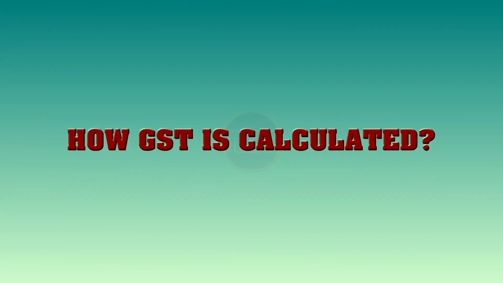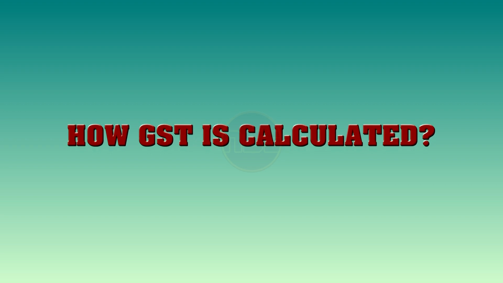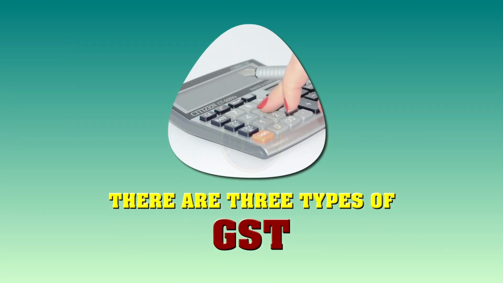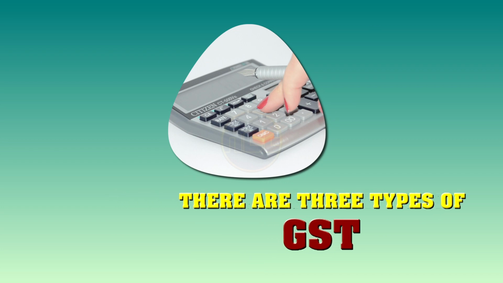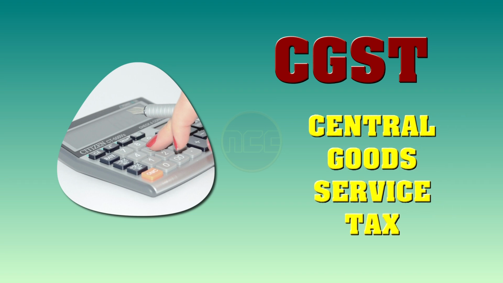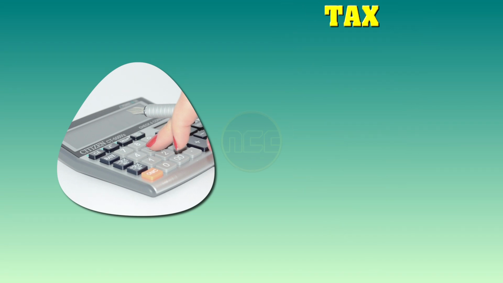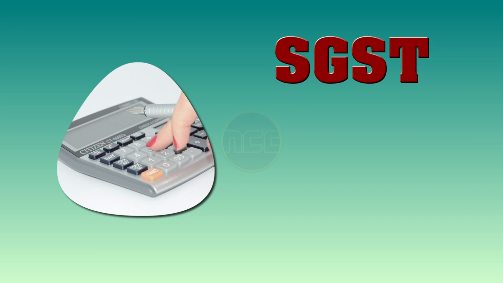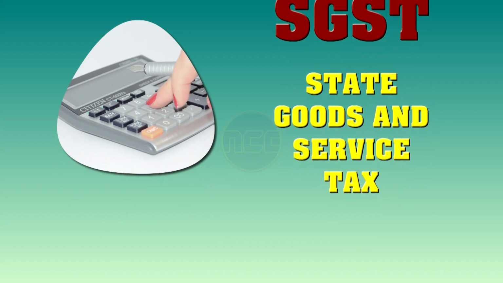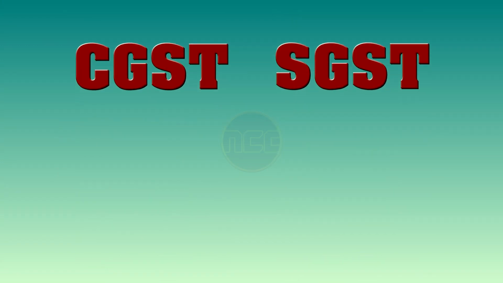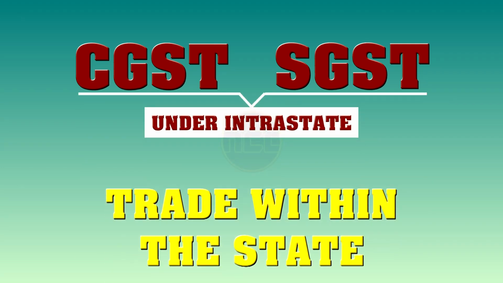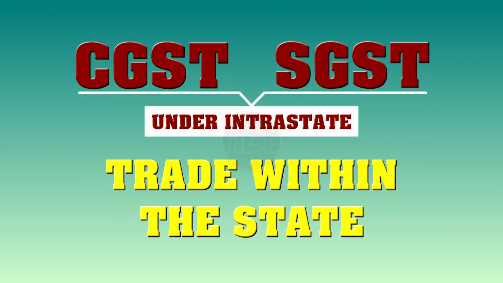Our next topic is how GST is calculated. While calculating GST, there are three types of GST. First, CGST. It means Central Goods and Service Tax. Second type is SGST, that is State Goods and Service Tax. These two types of taxes come under intrastate. It means trade within the state.